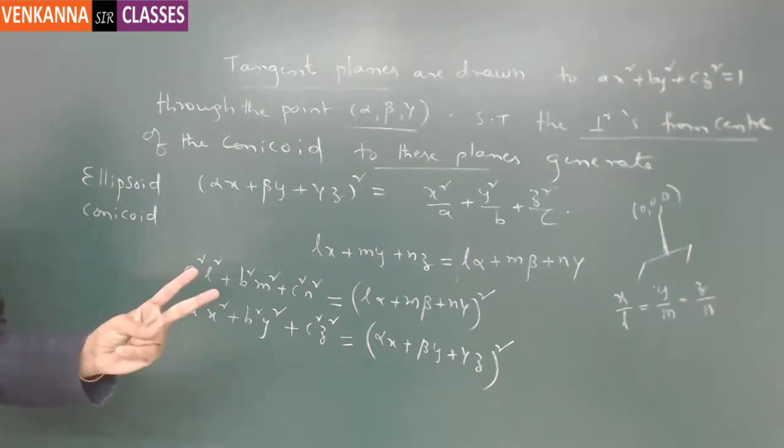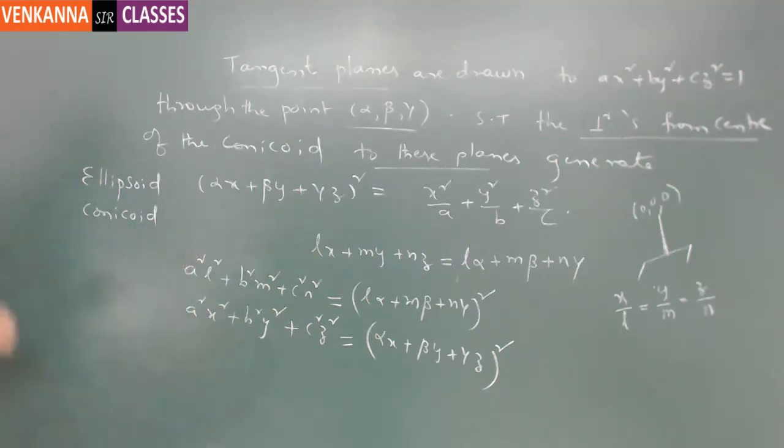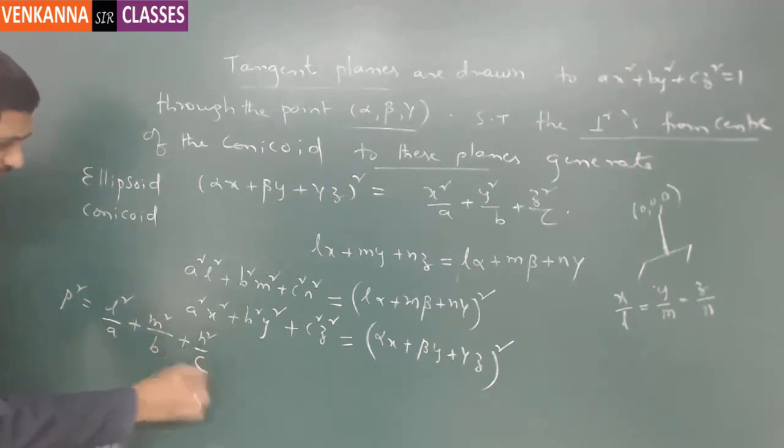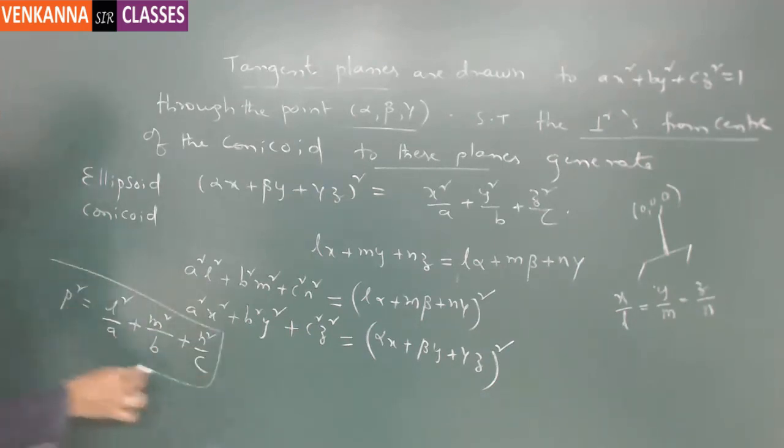There are two conditions we are going to write. One condition is p square is equal to l square by a plus m square by b plus n square by c. Another condition is different.